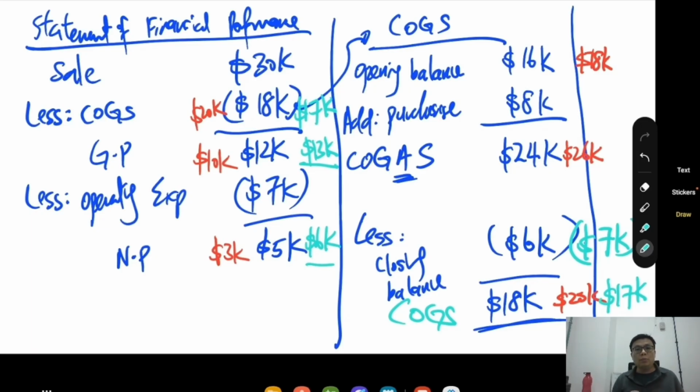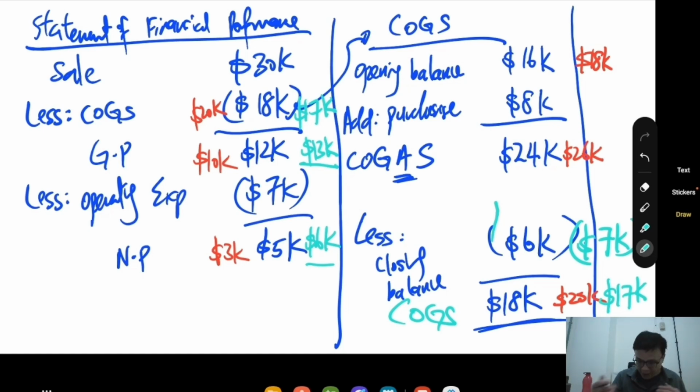Yep. So I hope that gives you an overall snapshot in terms of the effect as a result of opening inventory as well as closing inventory, be it overstated or understated. The specific illustrations that I shared earlier on pertaining to the opening balance and the closing balance are all on the overstating side.